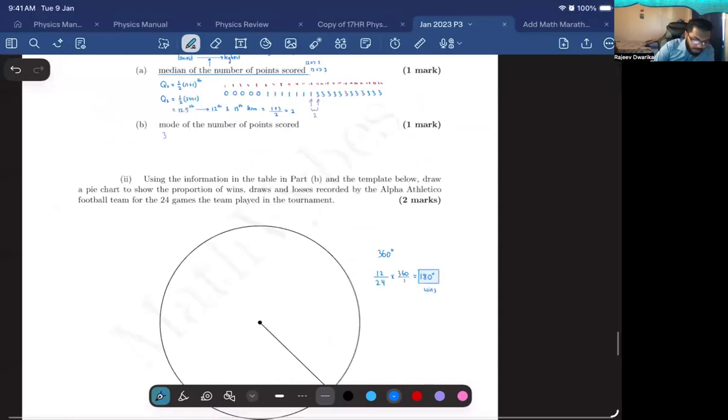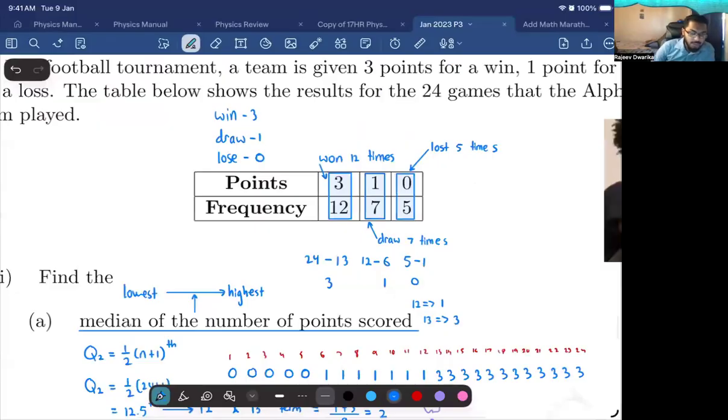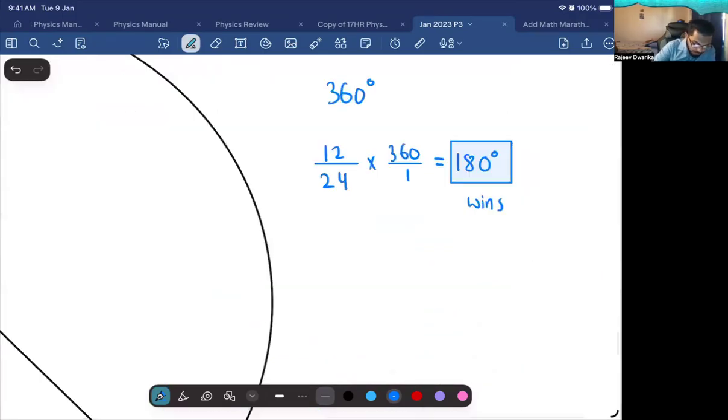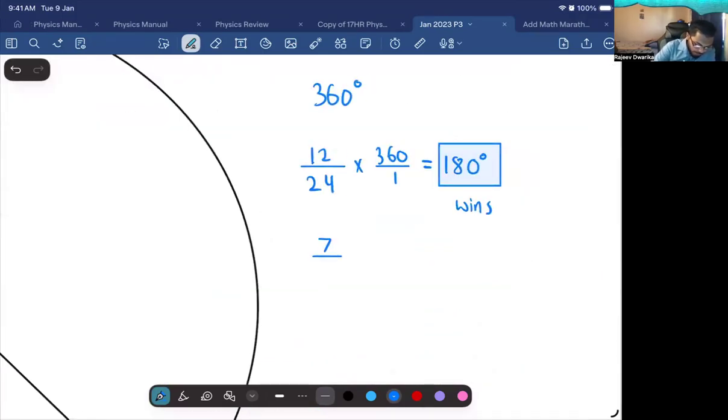This is the wins. Tell me, Darius, how many times did they draw? 7 times, sir. Right? So that's going to be 7 out of 24, right? Multiplied by 360. And what would you get? 105, sir. 105? Yes, sir. 105.